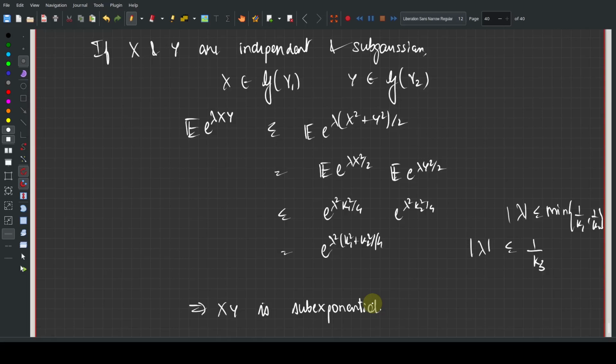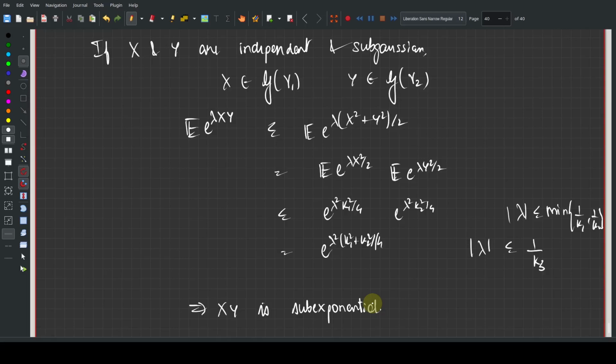Definitely still sub-Gaussian. But say I take y to be some f of x such that they are still independent, can that happen? There's a trivial case, when f is just a constant value. But apart from that, is it possible to have y equal to f of x and still have x and y independent of each other?